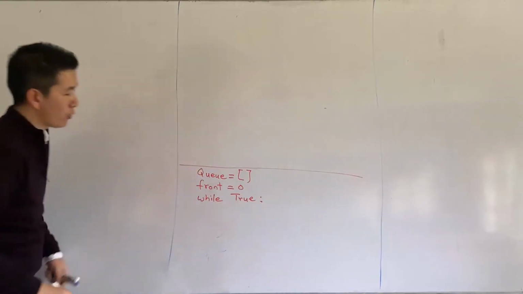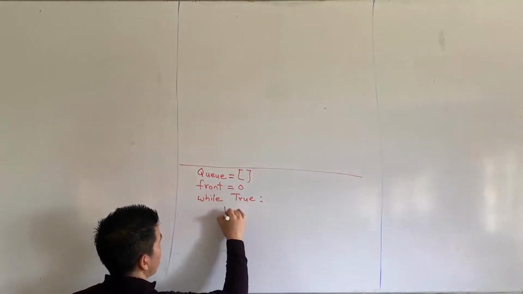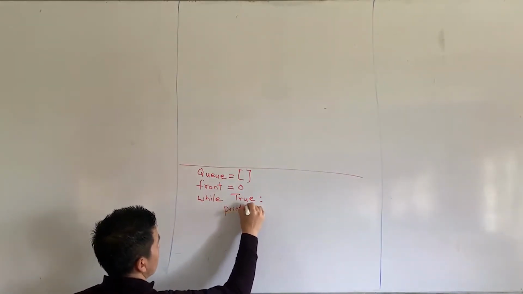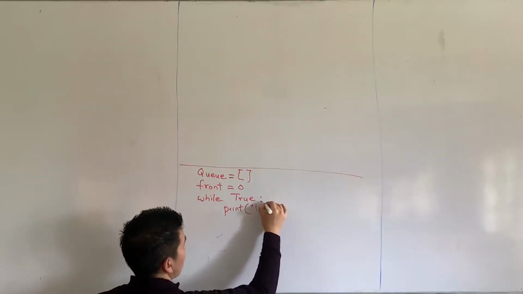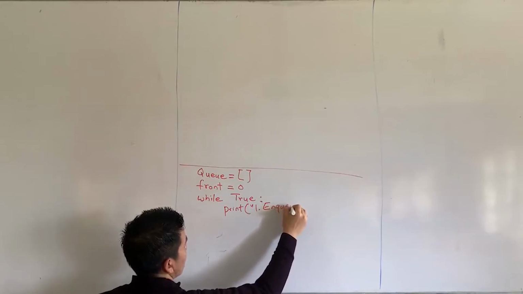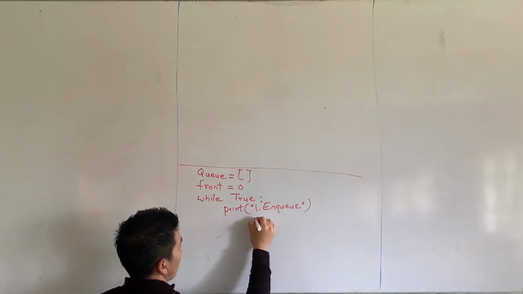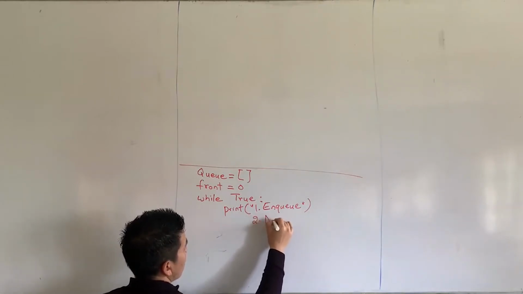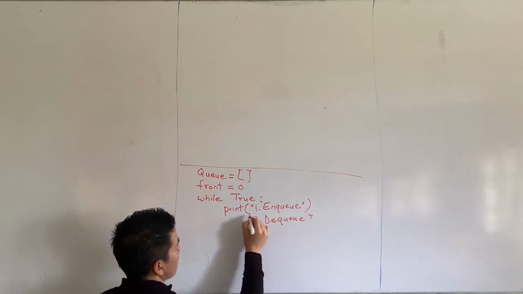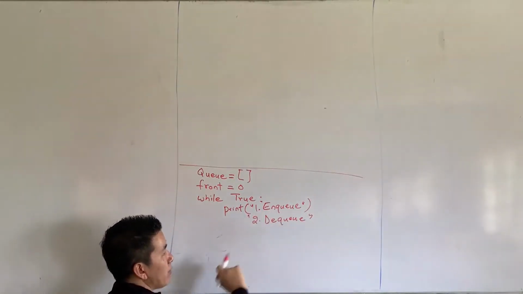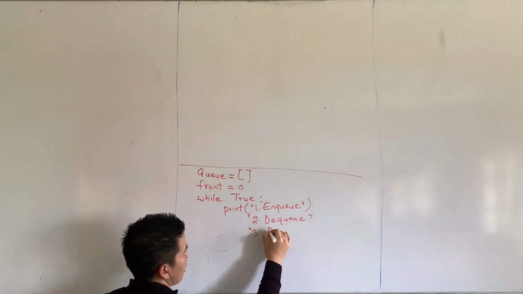This condition will always be true, and then I have the menus, like you have the print. The first one is 1 dot NQ, and number 2 for DQ. NQ means adding the element, DQ means removing the element, and number 3 is for peek.